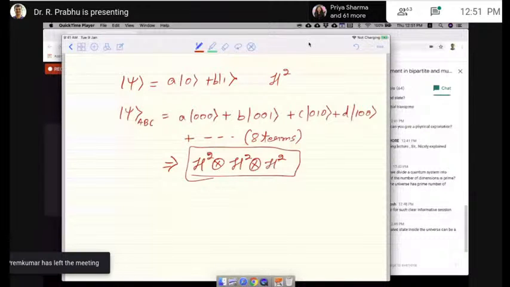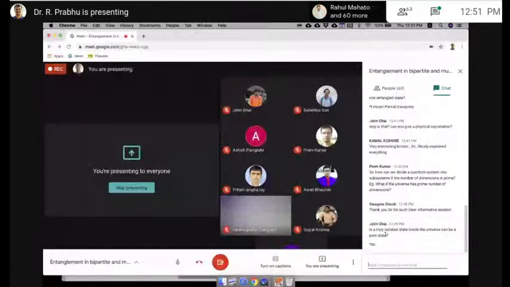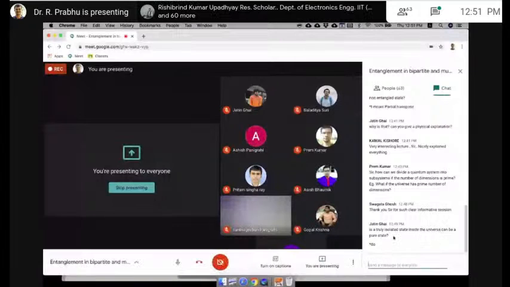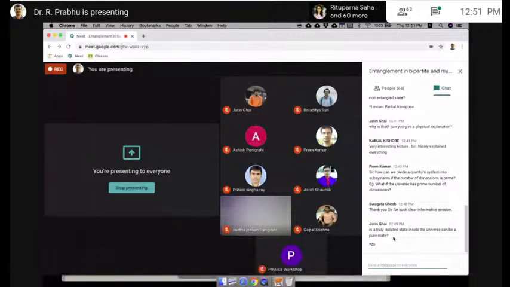Anything else? Jatin has one more question. Can a truly isolated state inside the universe be a pure state? Experimentally, we don't have any way to get an ideal pure state. That's what I am emphasizing.